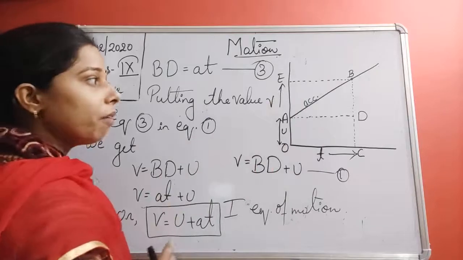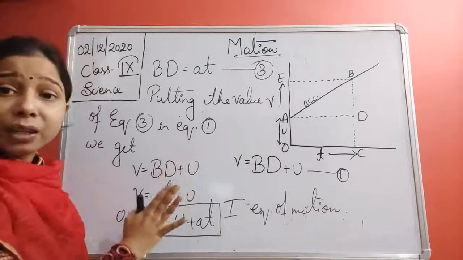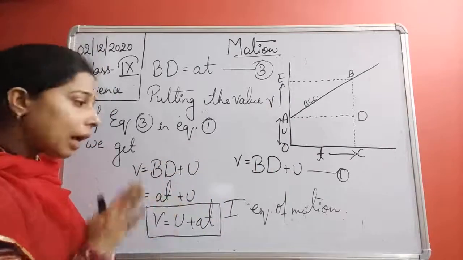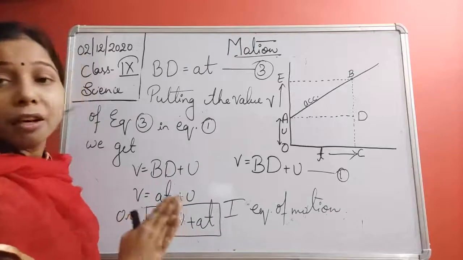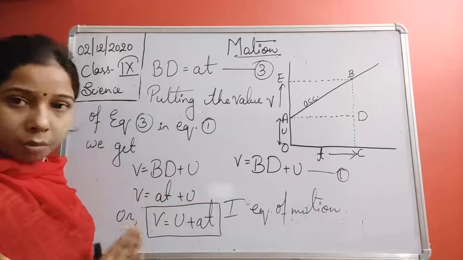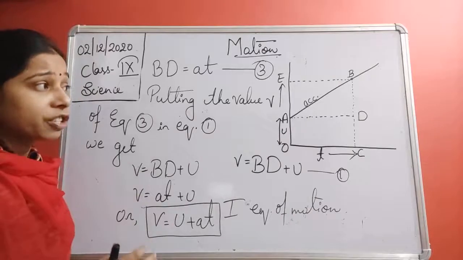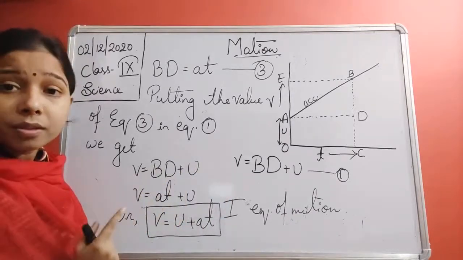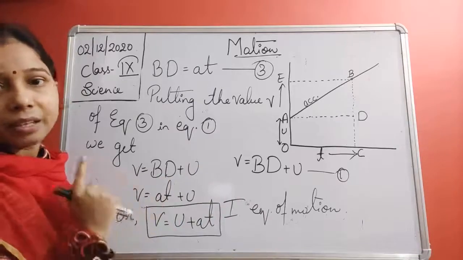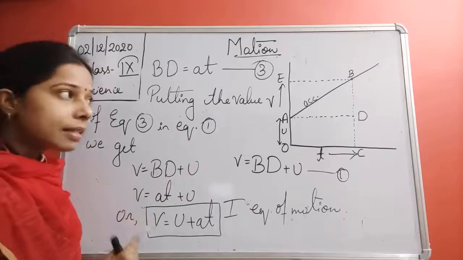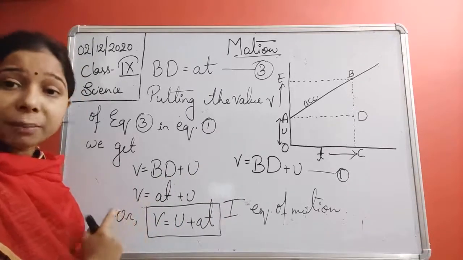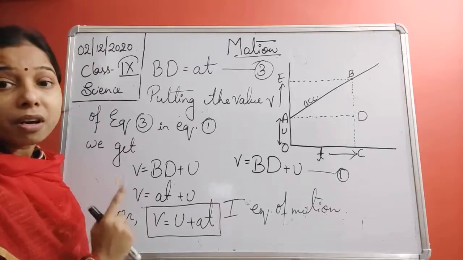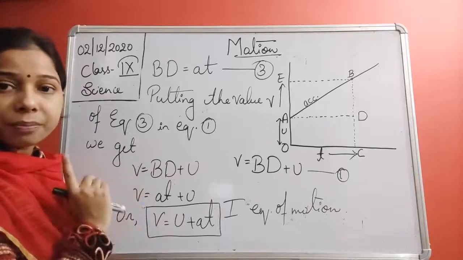So with the help of this, we are able to find the value of the acceleration, and ultimately we get the first equation of motion. Okay, so the question can be asked: derive the first equation of motion by using the graphical method. So this is the graphical method for deriving the first equation of motion.